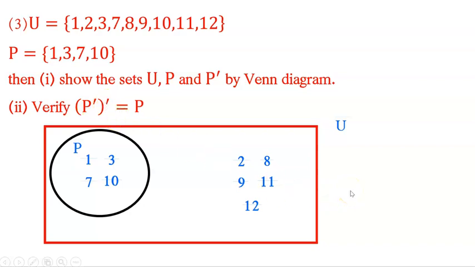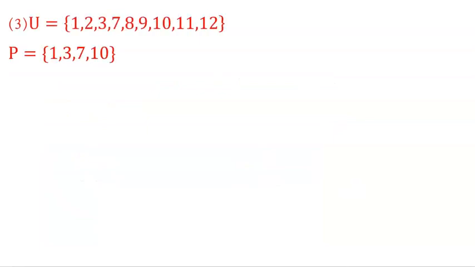Next, verify that the complement of P complement is equal to P. That is, the complement of the complement is the original set. Now we'll verify this. P is 1 3 7 10.